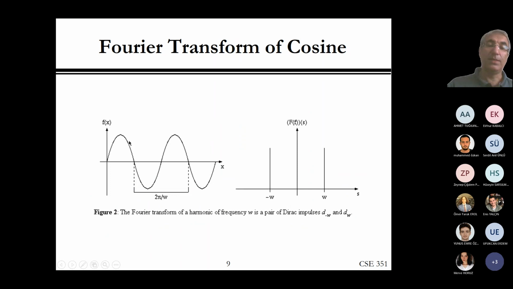So let's remember the Fourier transform of cosine. This is a cosine signal in time domain, which is periodic, as you see. And if you apply the Fourier transform, you'll see that it consists of two impulses. One of them is centered at W, the other is centered at minus W, and they are symmetric, as you see.